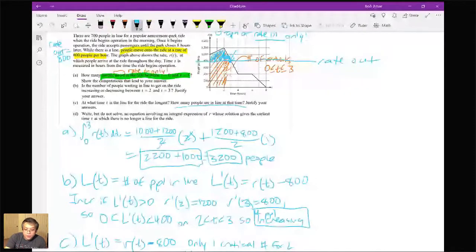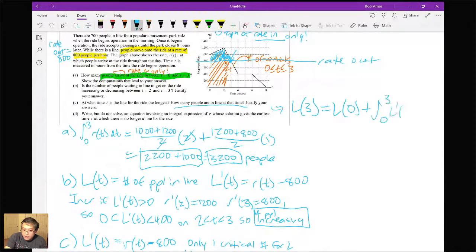The easiest way to do that, you can make a couple of different arguments about this, but basically what you're doing is finding the number of people in line at that time. There are 700 people in line at the start. So L of 3 is equal to L of 0 plus the integral from 0 to 3 of L prime of t dt. L of 0 is 700.